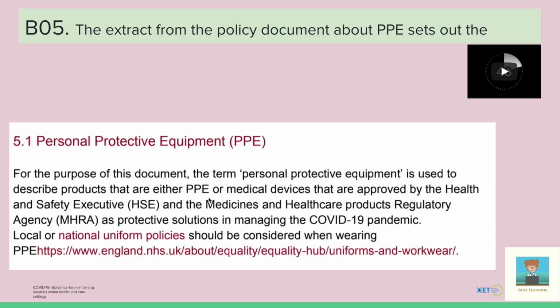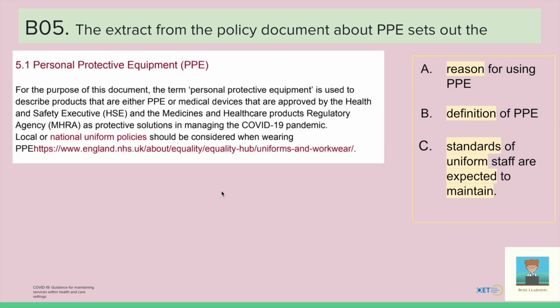So we have PPE, we have two bodies who have authorised it, and then we have something about uniforms here. So basically it's setting out the terms, isn't it? It's setting out who the HSE is, who the MHRA is, and what PPE is. So sets out the reason for using PPE.